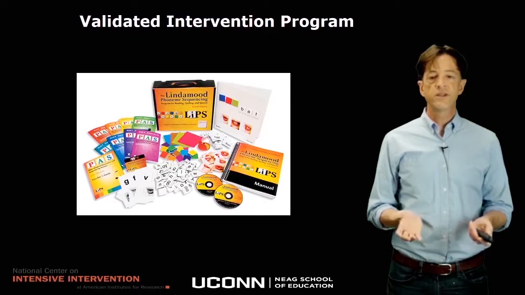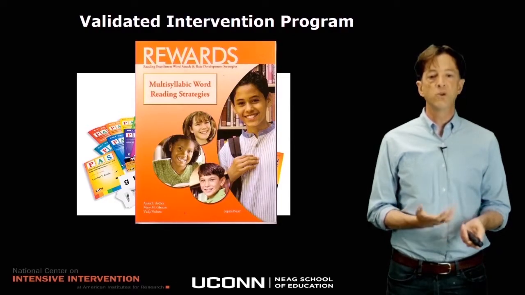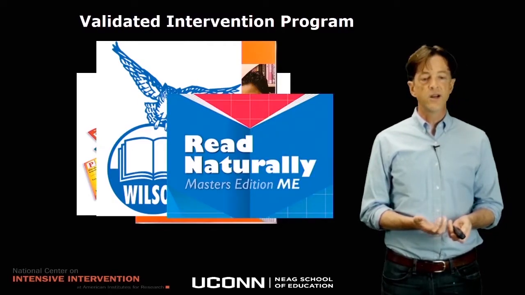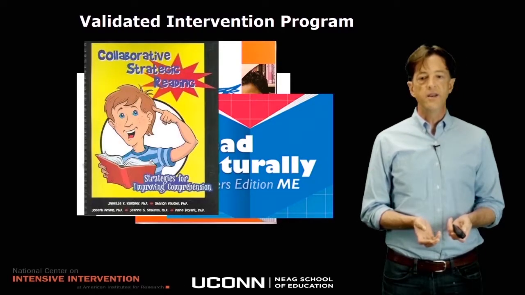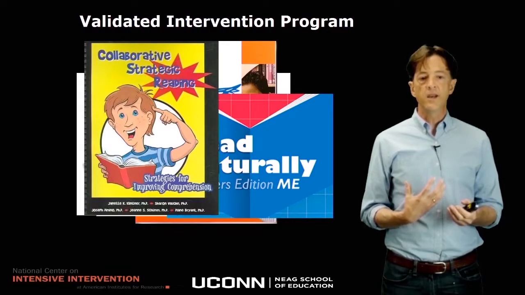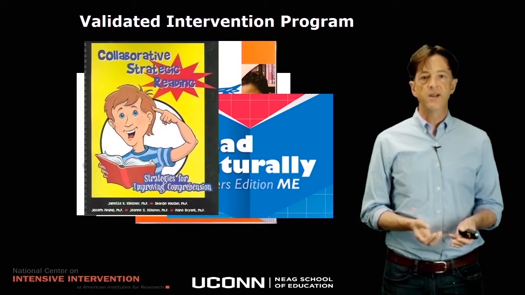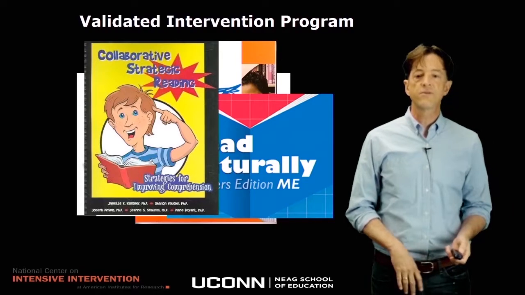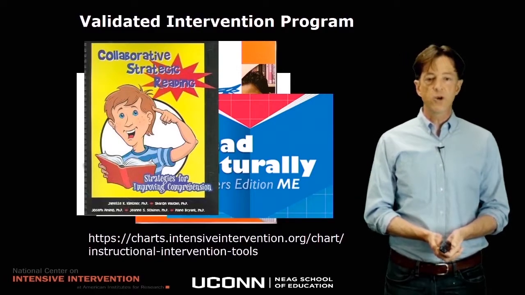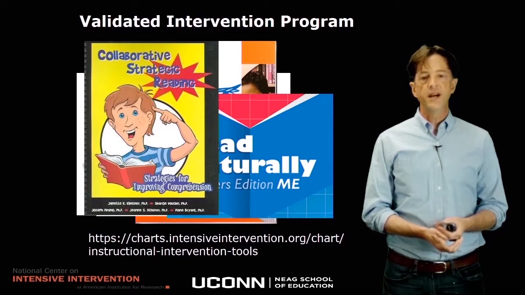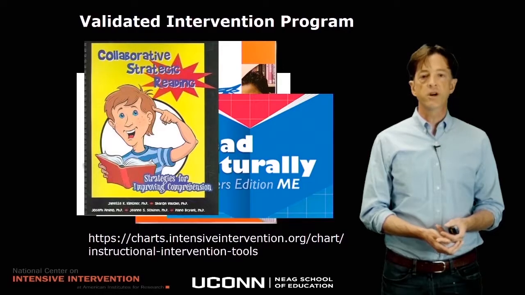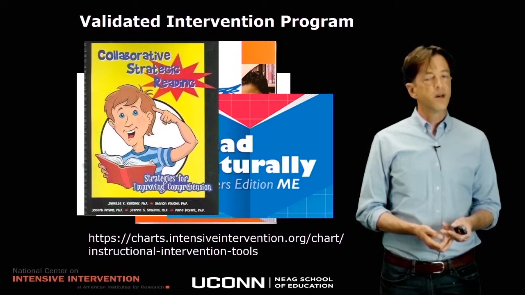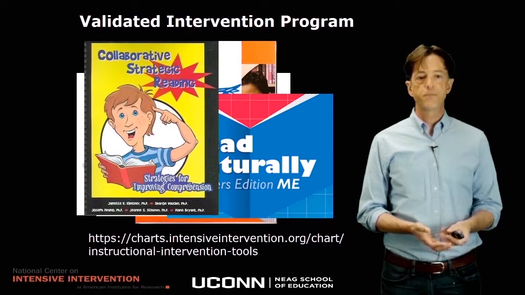And just for example, these are some types of programs that target specific needs and have been evaluated carefully with careful evidence, and are things that we can adopt and implement with high levels of fidelity and provide a great deal of material support, scope and sequence for teachers and interventionists. And we'll talk more about this in another module, but the National Center for Intensive Intervention's tool chart is a great place to look for different reading programs that have evidence of effectiveness.